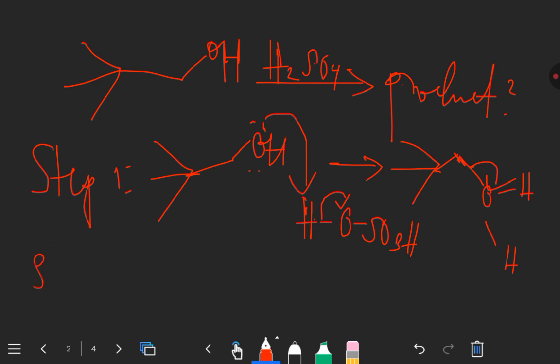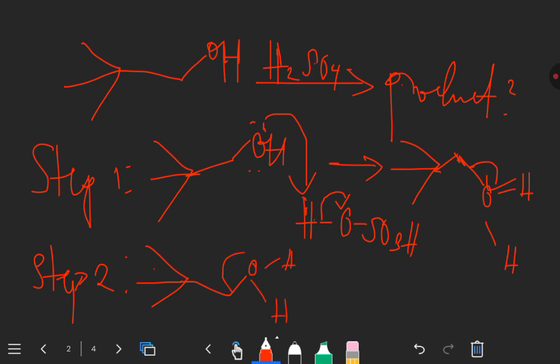So our step 2 will now be forming the carbocation there. Initially this is what we had, like this.